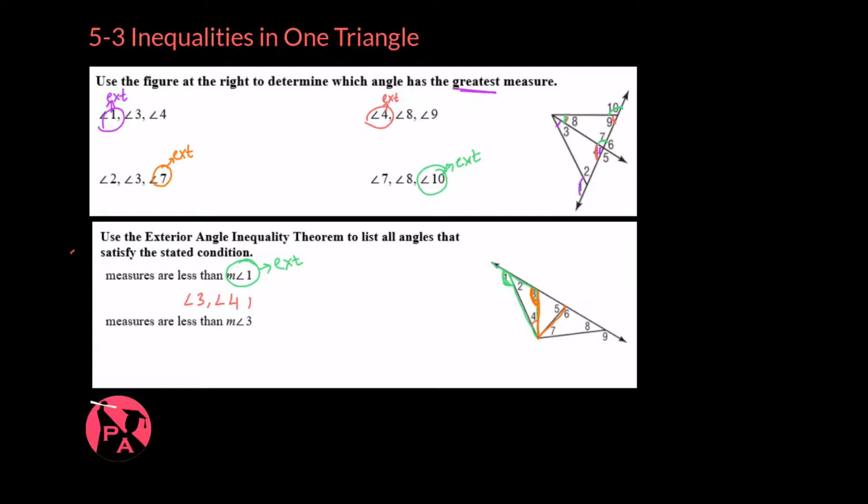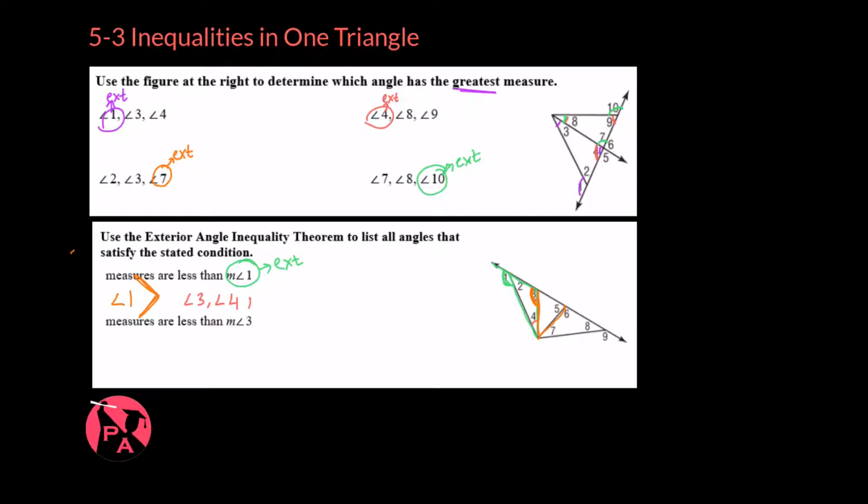So angle 1 is greater than all of this. It's greater than angle 3, it is greater than angle 4. So if you have angles that are less than angle 3, they are going to be less than angle 1 as well. So let's just focus on that part then.